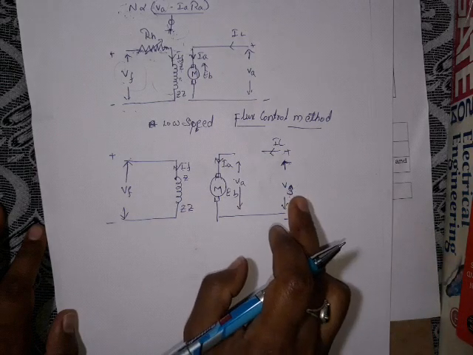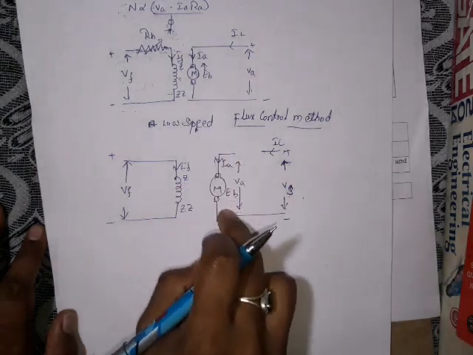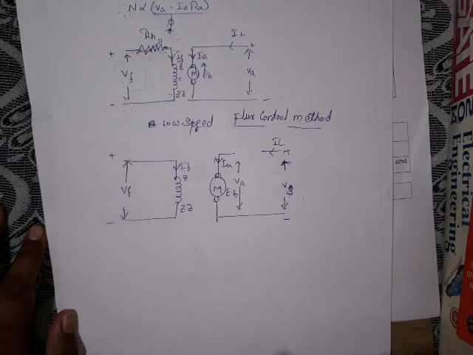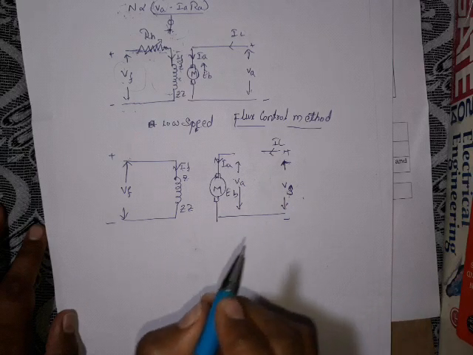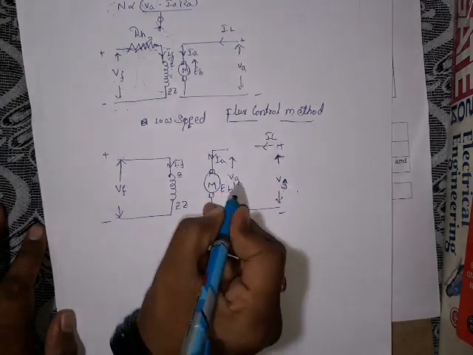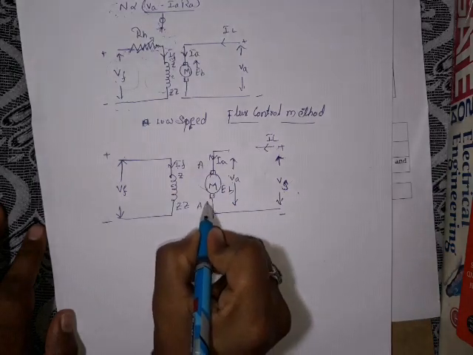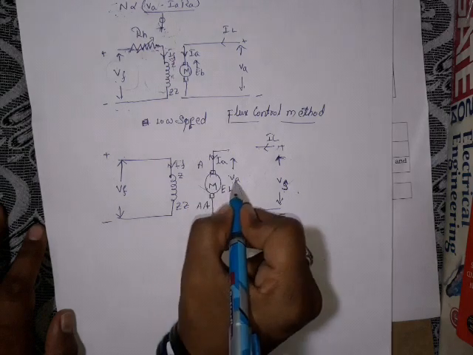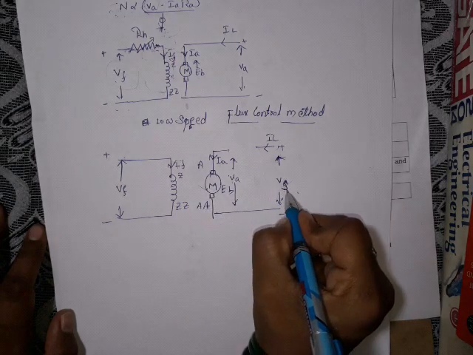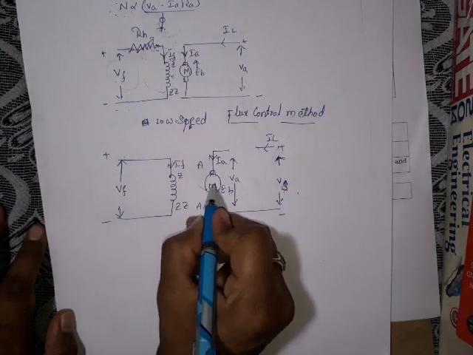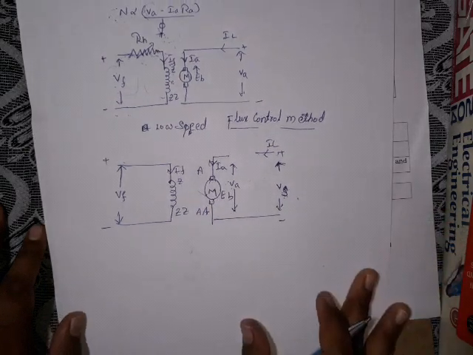So Va, whatever the voltage I apply here, the same voltage will be here. But here that will change. So I will take the voltage across this armature. A is the armature. Voltage across the armature is Va. So I will take the supply as Vs and voltage across the armature as Va.